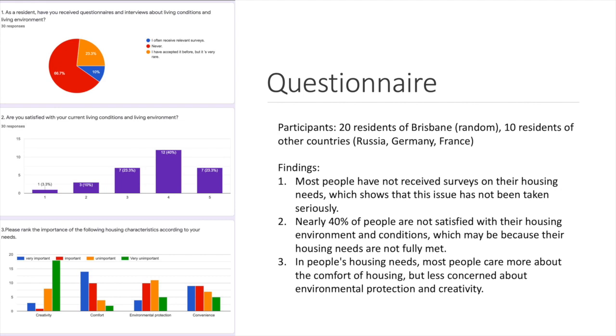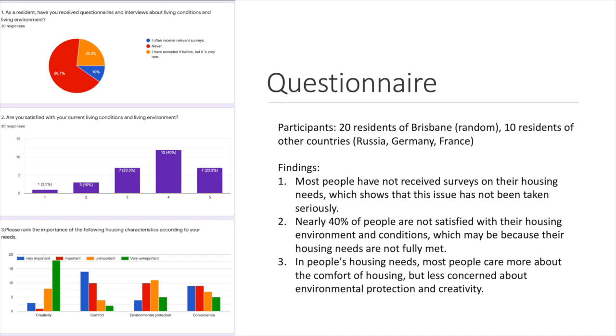According to the first pie chart, we found that most people have not received service on their health needs, which shows that these issues have not been taken seriously. And for the second bar chart, nearly 40% of people are not happy with their housing environment and conditions, which may be because their housing needs are not fully met.